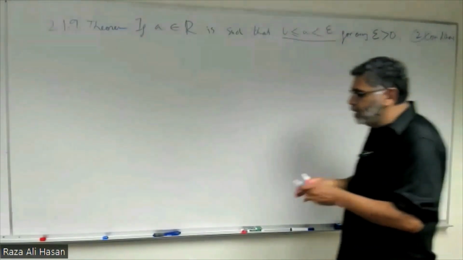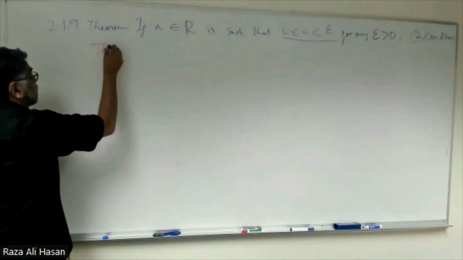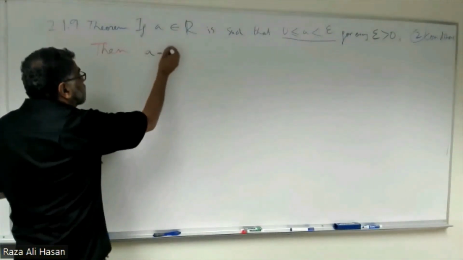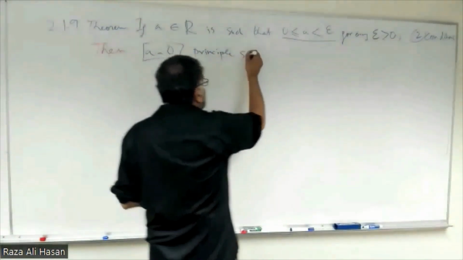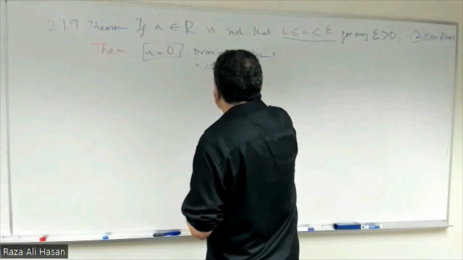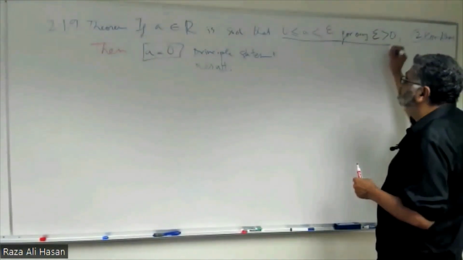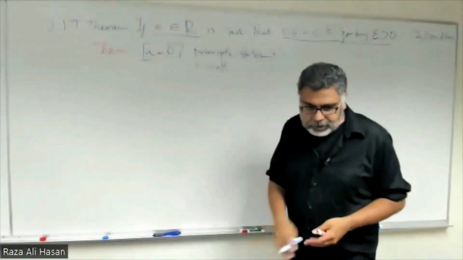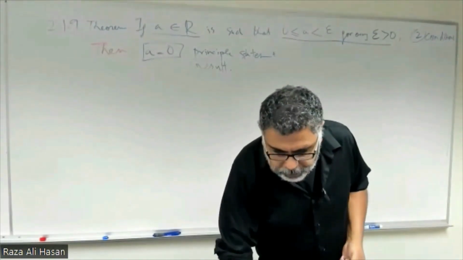And here's our principal statement: then A equals 0. If those two conditions are true, then we can assert that A equals 0. Oh, the proof is here.